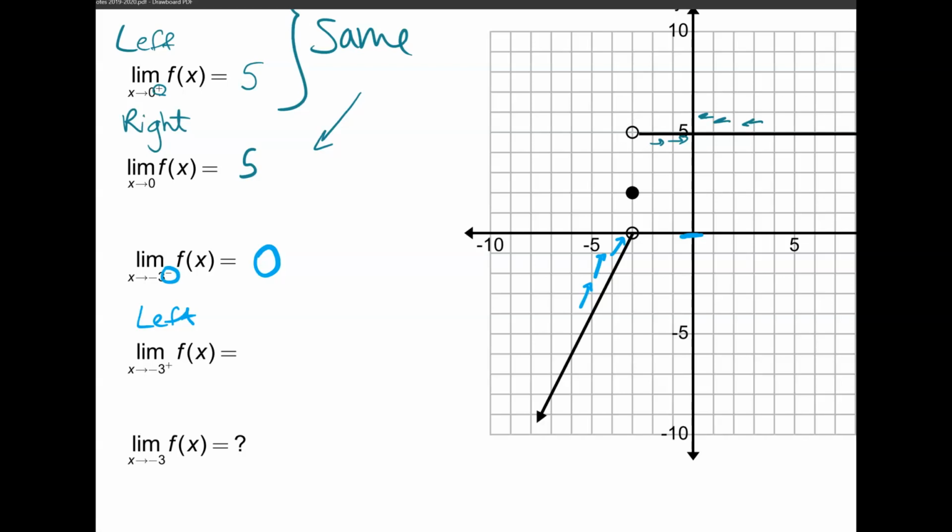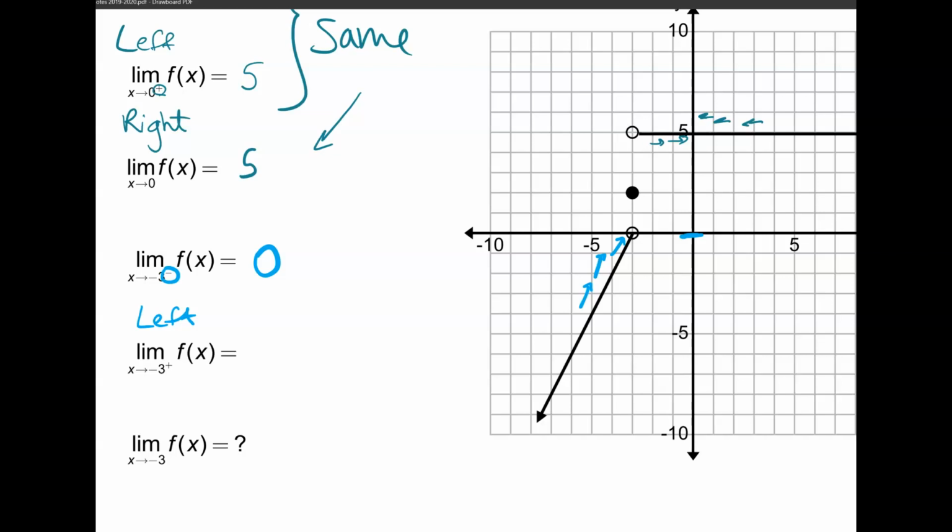As you approach from the left, what number am I getting to? It only does not exist when the sides don't match. If they don't match, it will not exist. Or if I'm going towards infinity, it will not exist. Or if I'm approaching different numbers from both sides, it won't exist.